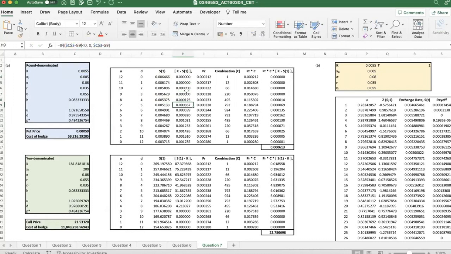Next, we calculate the probability of exercising this option. This is also derived from the original equation for calculating a put option.